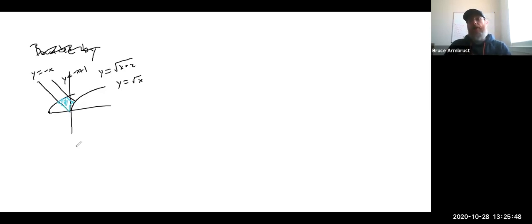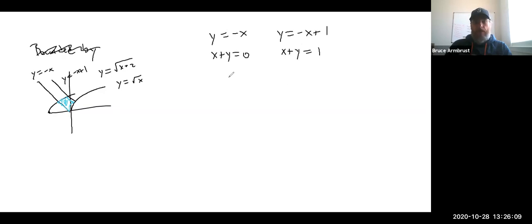Okay, so here's how I would approach this kind of question. If this is one I had and I had to integrate some random function inside, I start thinking about these boundaries and look for similarities. Like we got y equals negative x and y equals negative x plus 1. If I move that x over, those two are x plus y equals 0 and x plus y equals 1.